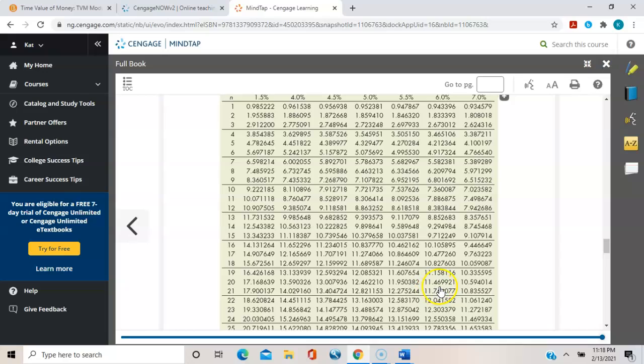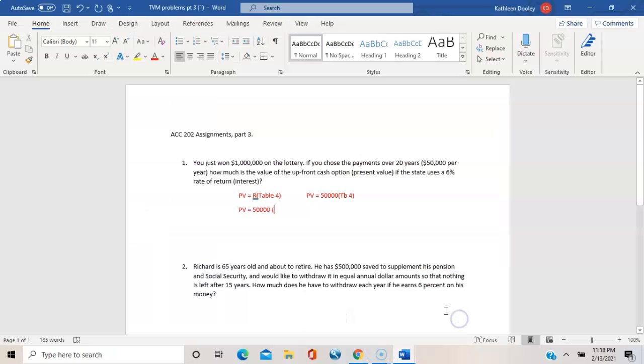So that'd be 11.469921. Okay, so we put that into our calculator.